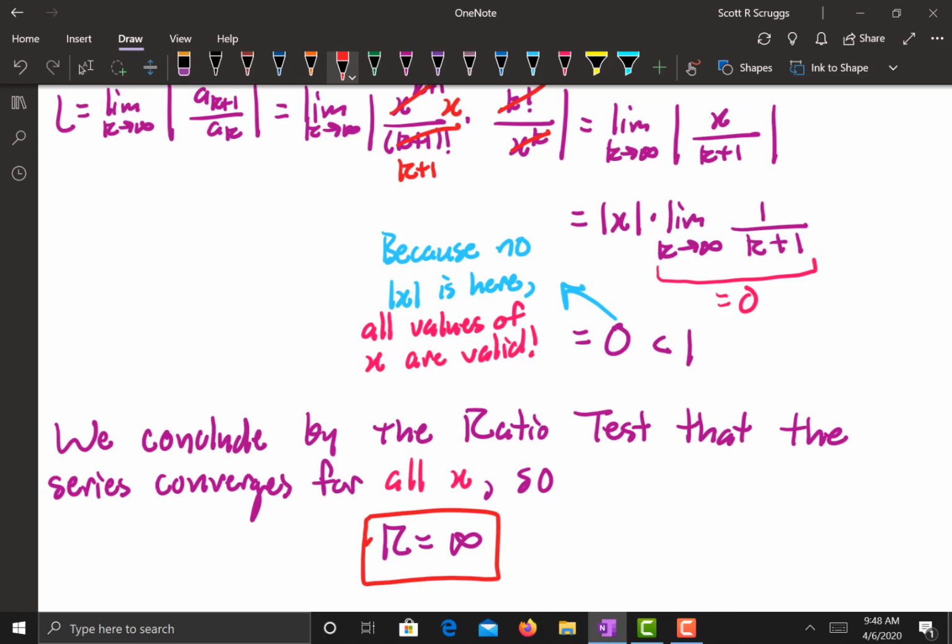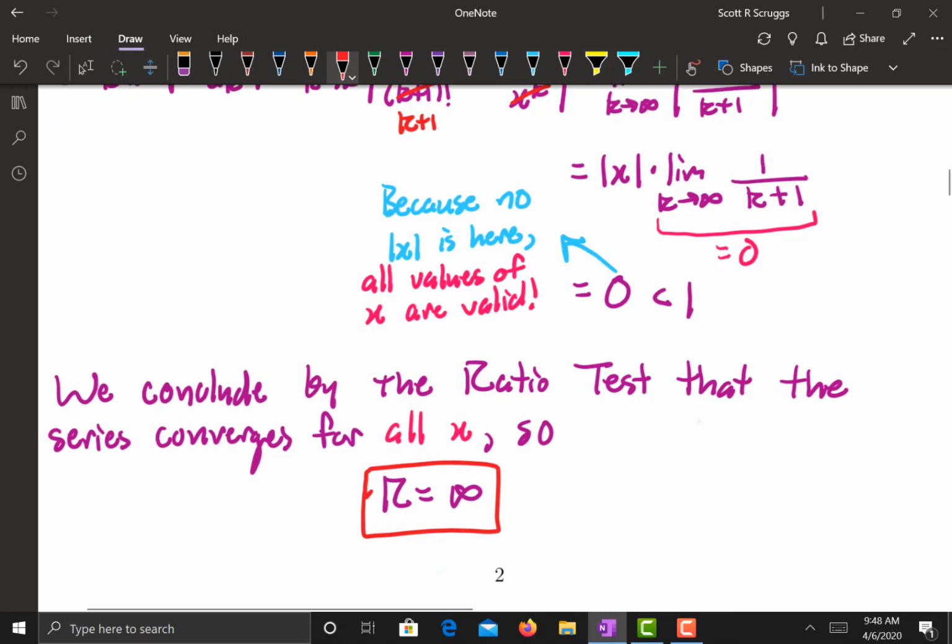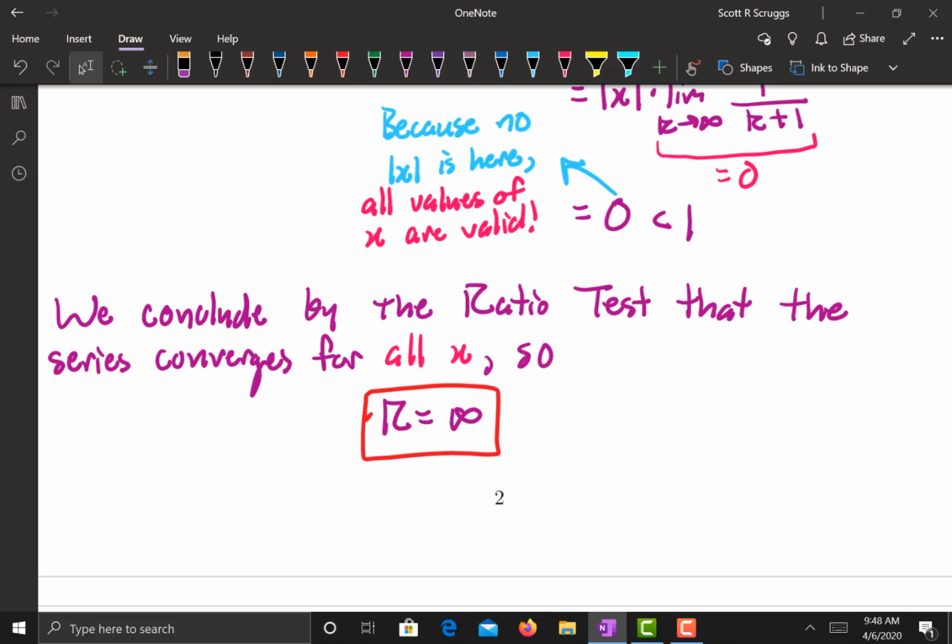And the reason why I'm concluding infinity is because since all values for x are fair game to make the series converge, then that means I don't need to form a cap for my radius of convergence. So my radius of convergence can be infinity.